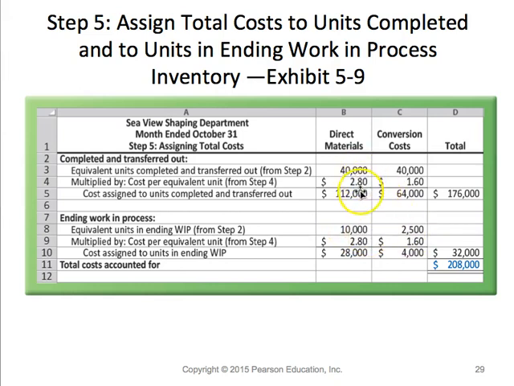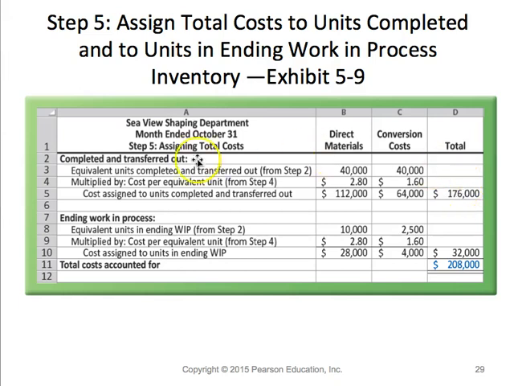So 40,000 times 2.8 per unit equals $112,000 total for the direct materials for the completed and transferred out. And for work in process it is $28,000, using 10,000 times 2.8. Same idea goes here. 40,000 times 1.6 is 64,000, and 2,500 times 1.6 is 4,000.